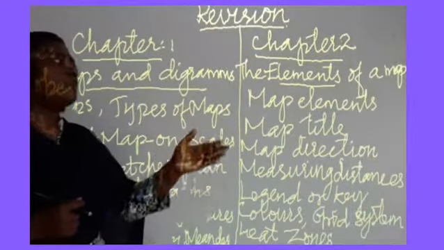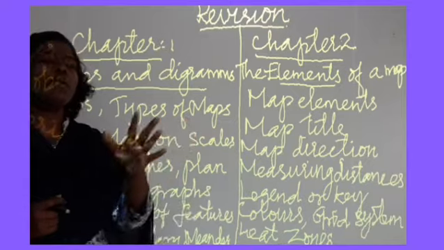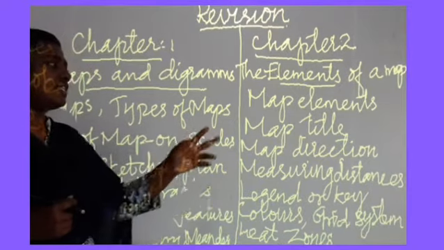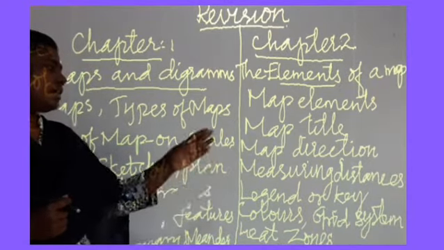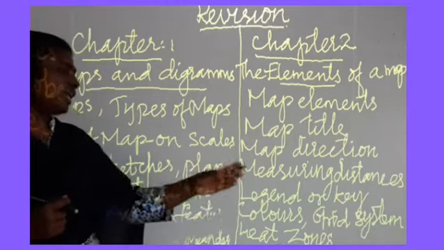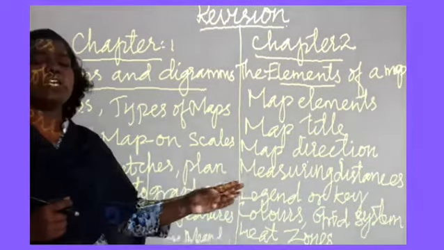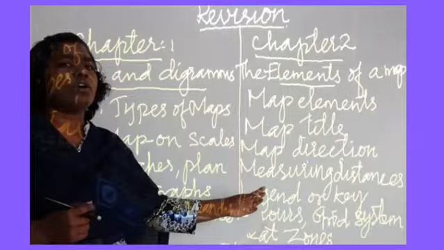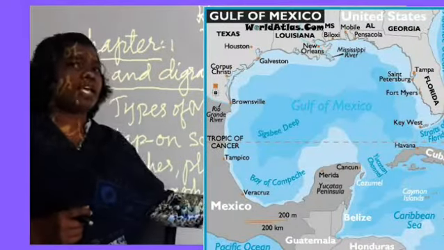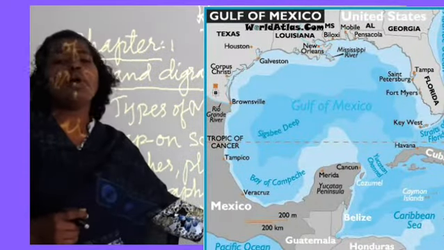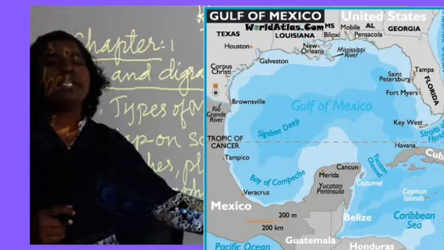In map elements, we saw 5 important elements, that is title, direction, scale, legend or key, and grid system. And also we saw the important heat zones of the earth.